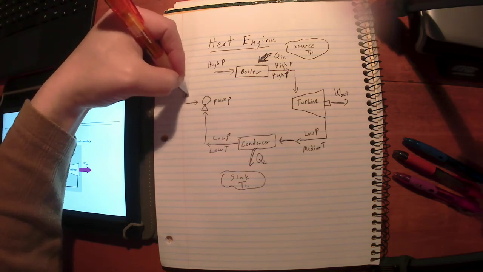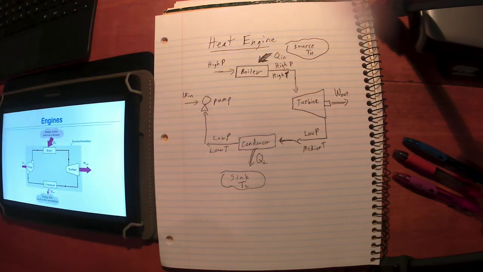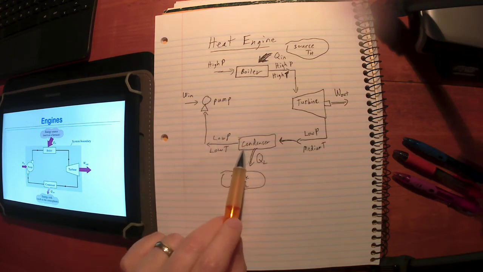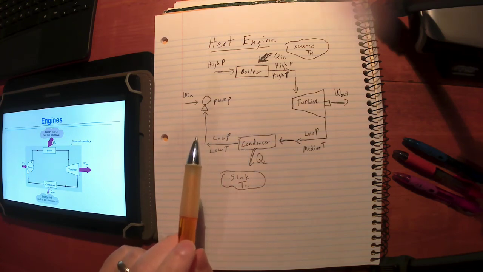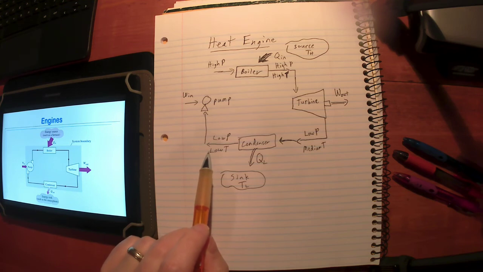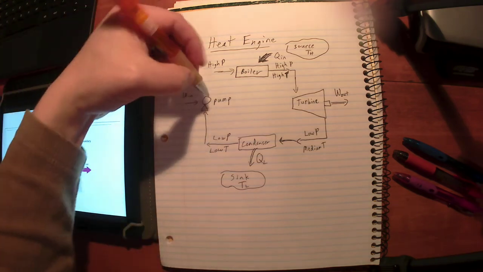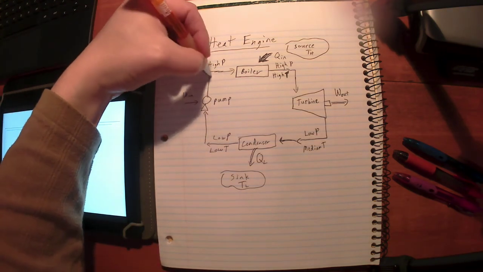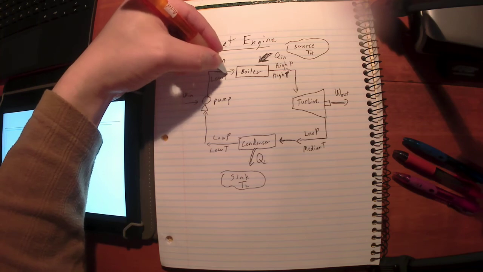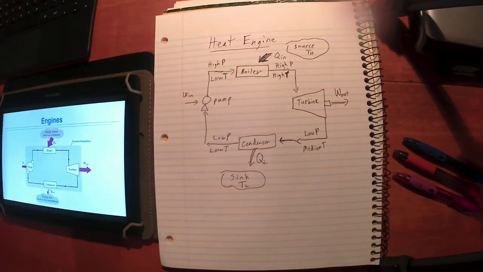Now that pump's going to require a little bit of work input. If I can get in the condenser all the way down to a liquid, because liquids don't compress, I don't have to put very much work in to a liquid to get it to come out high pressure. Now ideally that pump should not increase the temperature too much.